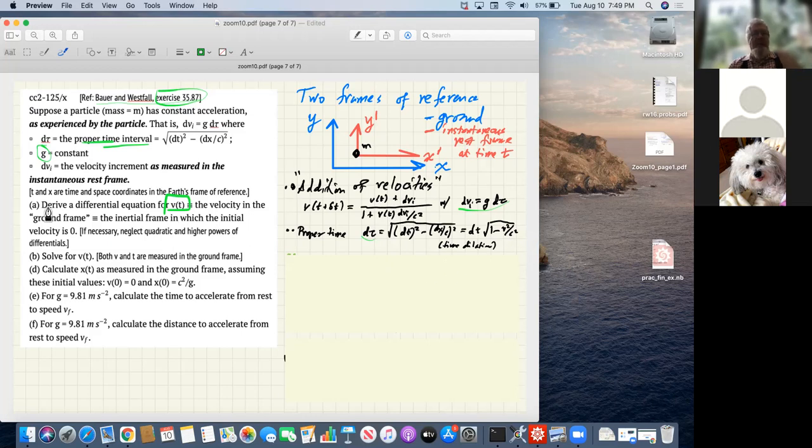All right, so that's not quite finished part A. Now we want to derive a differential equation for v. Well, we can use this to calculate dv/dt.